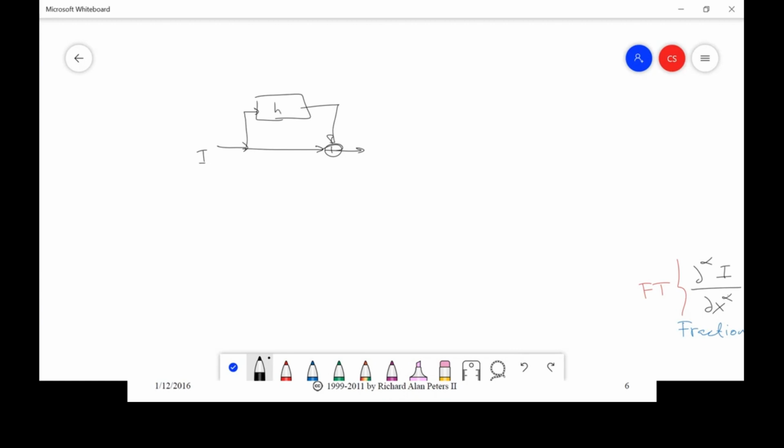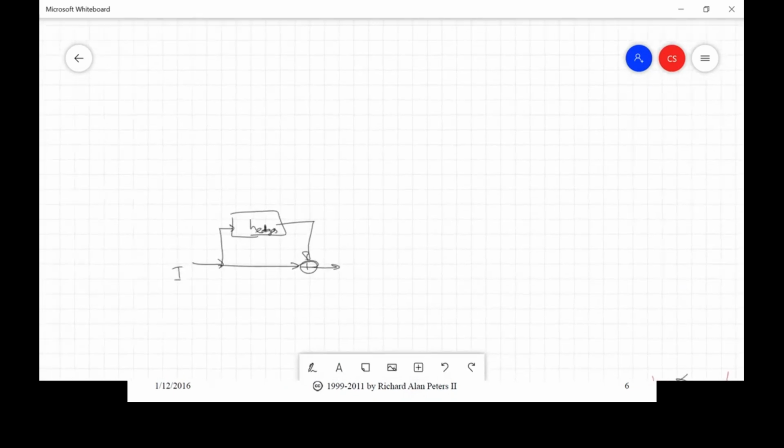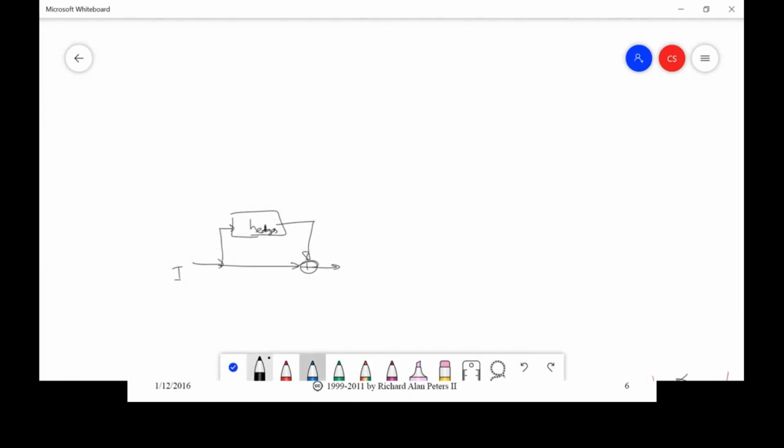This is an operator that detects edges. And we have two ways of computing those edges, which we already know. One is in real space, and the other one is in Fourier space.